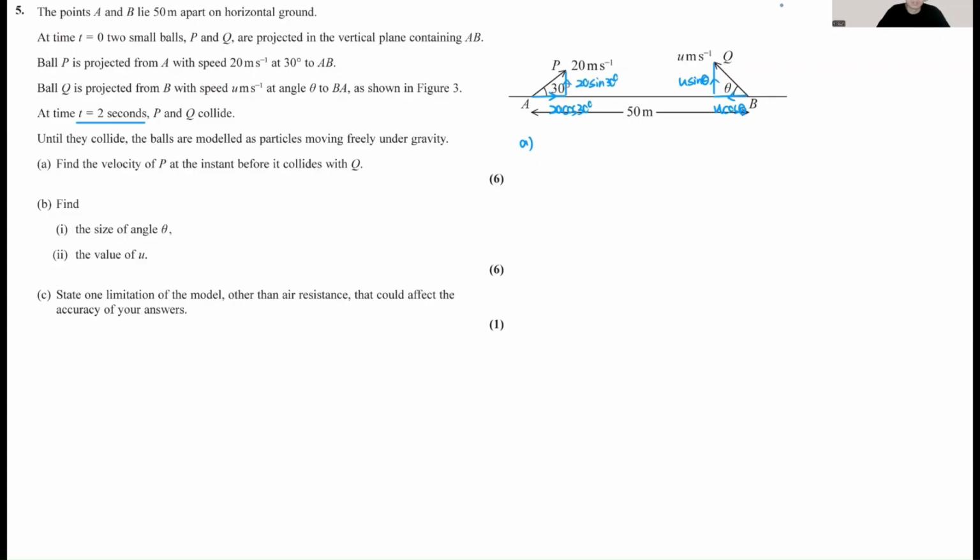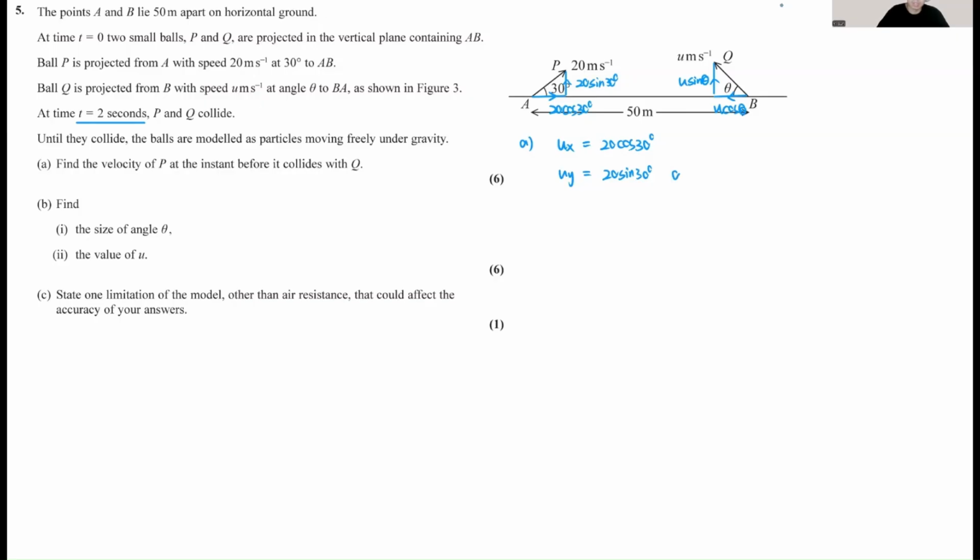So first, horizontal direction, we know u is just equal to 20 cos 30. So horizontal direction, the velocity never changes. It's constant, so it stays the same. So we just have to work out the vertical velocity. For the vertical component, we know the initial velocity is 20 sine 30. And because this goes up, it's against gravity.